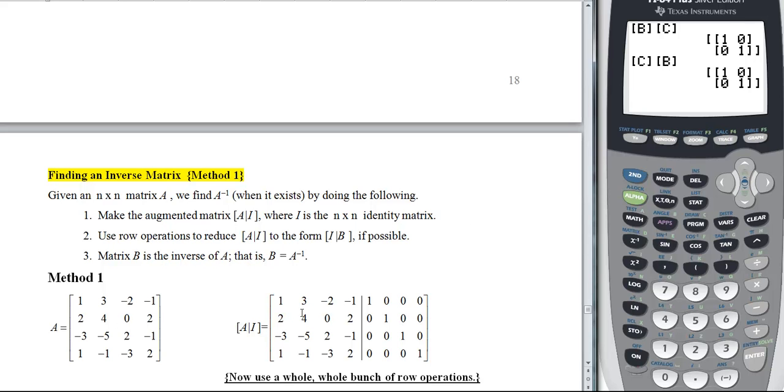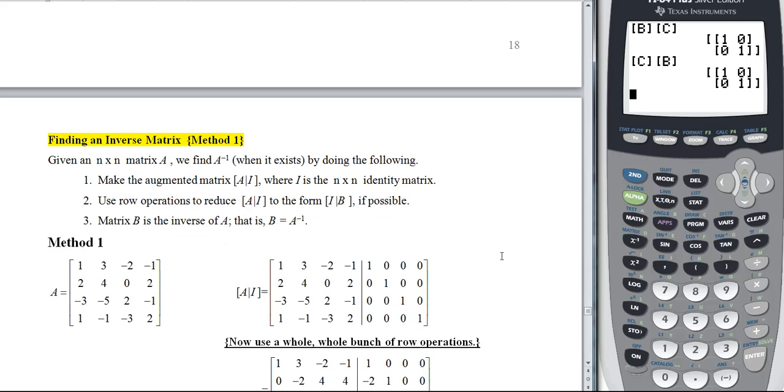Use row operations to reduce A | identity to the form identity | B. So it's sort of like doing the Gauss-Jordan in a way. If this is possible, whatever matrix you end up with at B is the inverse of A.